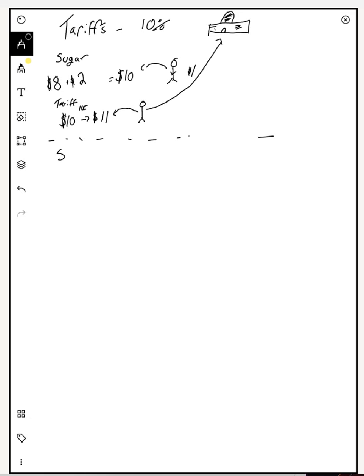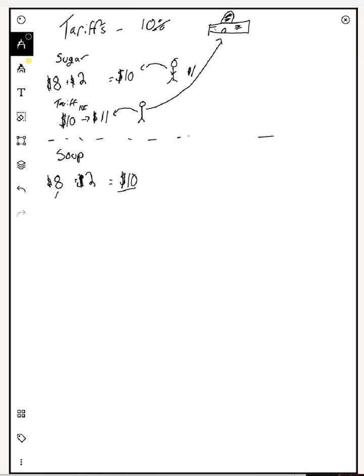soup, which is combined ingredients, but let's keep the same ratios just to make everything easy. So a can of soup, again, is $10, $8 to make, plus $2 margin. But when we look at the soup that's being imported, normally you buy it for this $10.